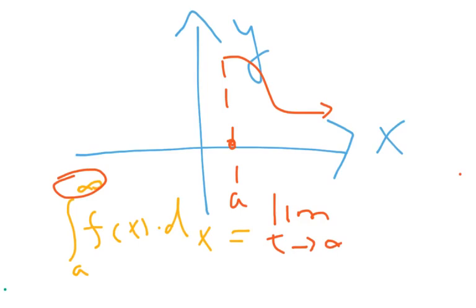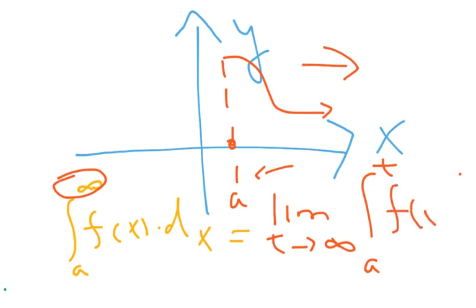So as t approaches infinity, which is of course this side, and then we've got the integral from a, which is this point right there, to t, and then f of x dx. So that's how we can express the entire graph that we are looking at right now.